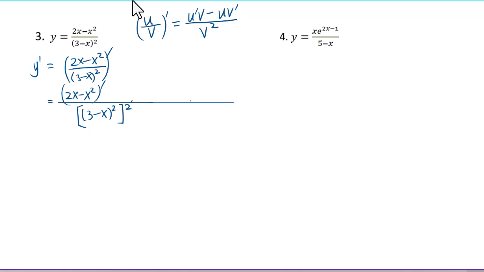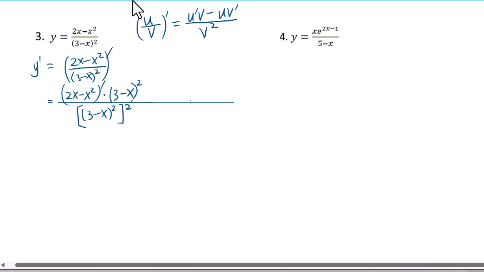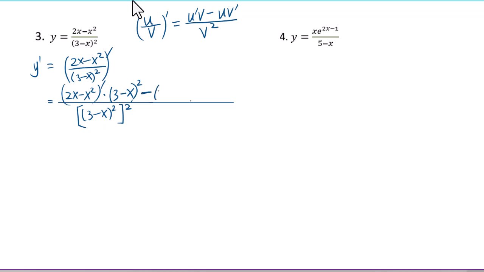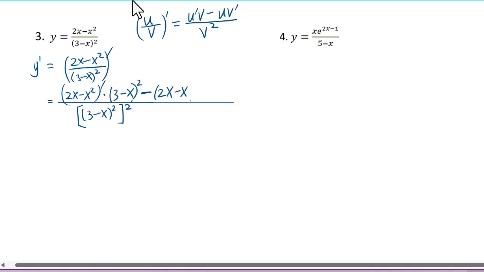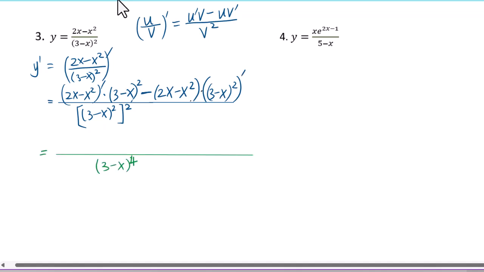Numerator: 2x minus x squared prime times 3 minus x squared, minus 2x minus x squared times 3 minus x squared, then prime. Denominator: 3 minus x to the 4th power.